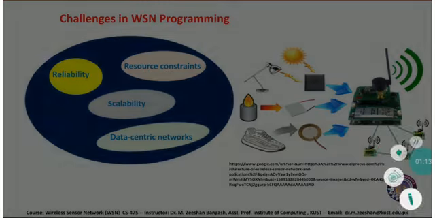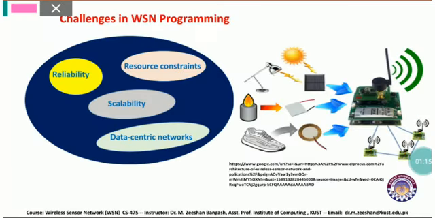So let's discuss the first constraint, that is the reliability constraint. Wireless sensor networks are actually less reliable than any other distributed systems. Therefore, sensor networks are built to adapt to changing dynamics of nodes and errors, such that the network continues to serve its purpose even when the whole or part of the network has failed.